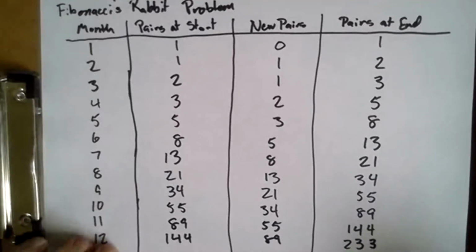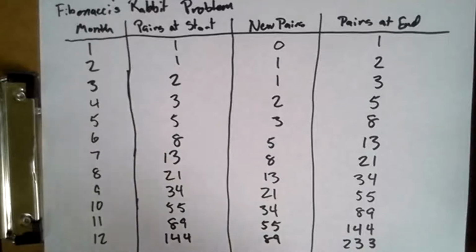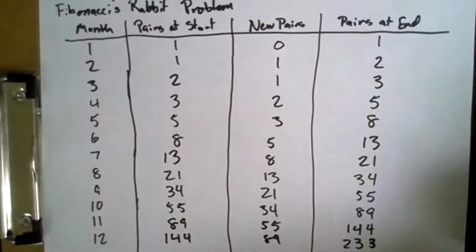Slide that up a little bit because I think it's not quite appearing on the screen properly. There we go. That's it for that problem. Let's move on to the next one.